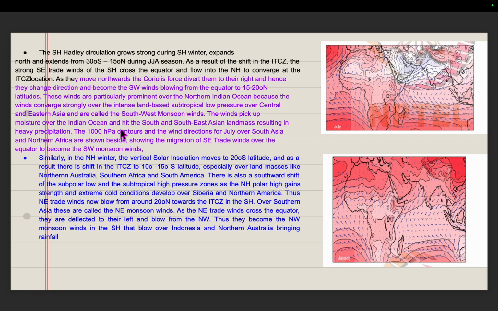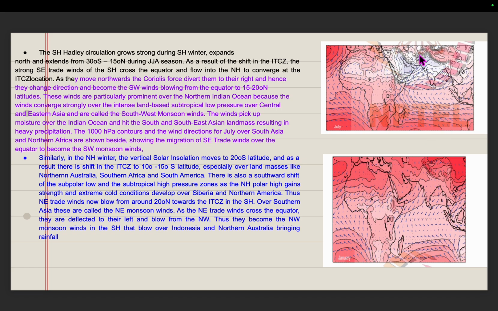These winds pick up moisture over the Indian Ocean and hit the south and southeast Asian land masses, resulting in heavy precipitation. The 1000 hectopascal contours and the wind directions for July over southern South Asia and northern Africa have been shown in this figure.